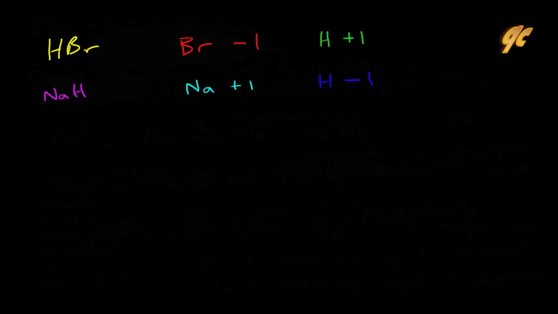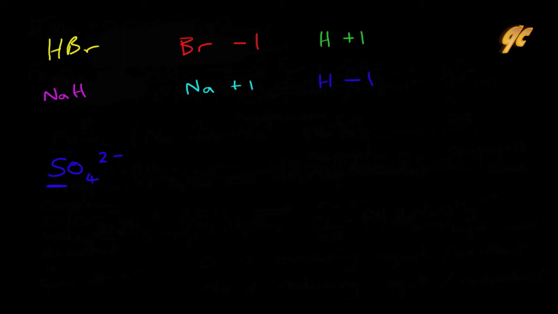The last rule for oxidation numbers is the sum of oxidation numbers in a polyatomic ion has to equal that of the ionic charge. Let's take the sulfate ion for example, and we're going to work out the oxidation state for sulfur. What do we know?